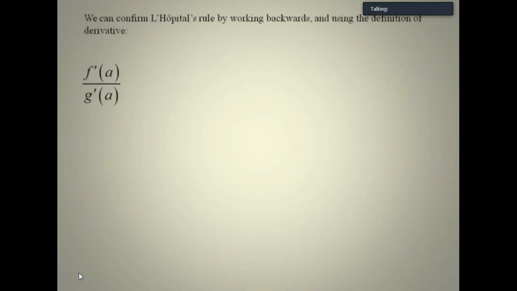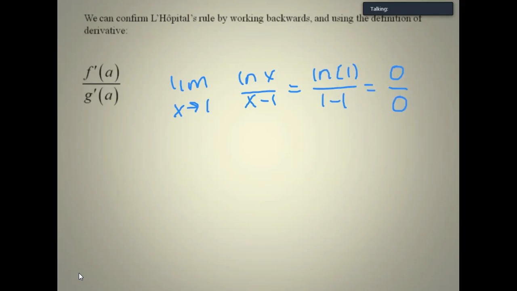If you have the limit as x approaches 1 of the natural log of x over x minus 1, going back to that first problem we referenced to start this unit, if you plug in 1, you get 0 over 0.